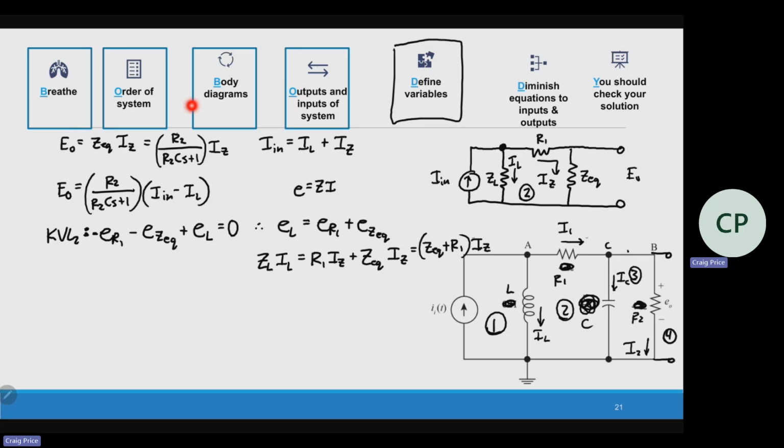I don't know if you see where this is going, but IL is equal to Z equivalent plus R1 over the impedance of the inductor times IZ.